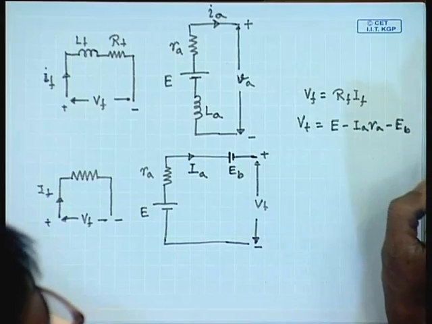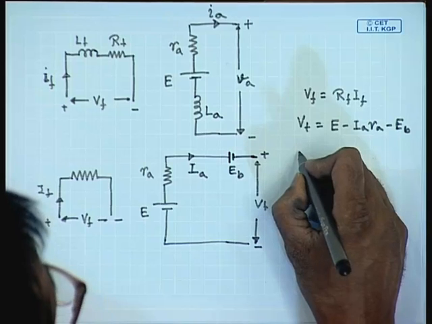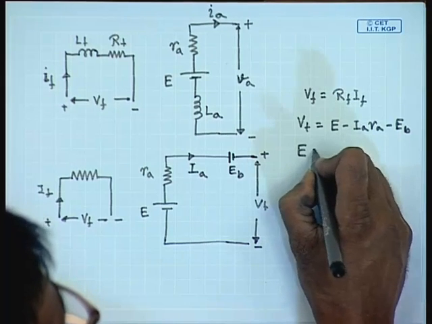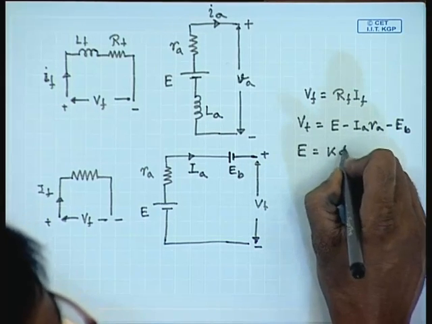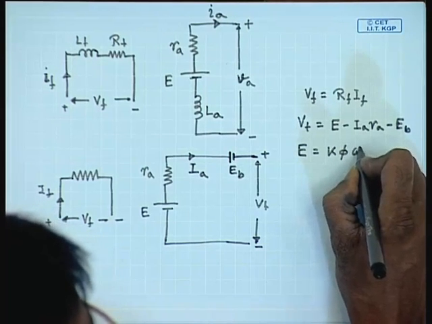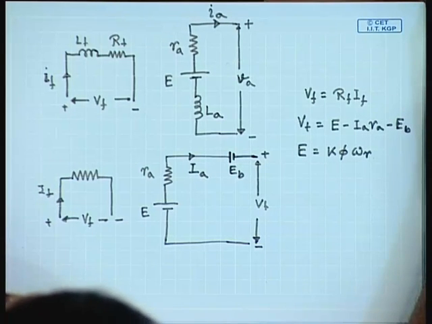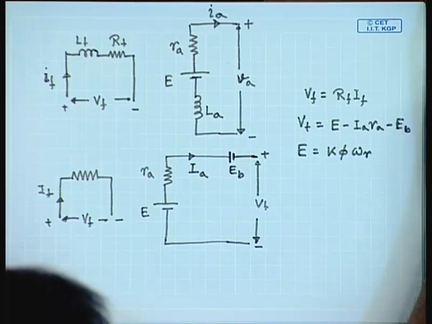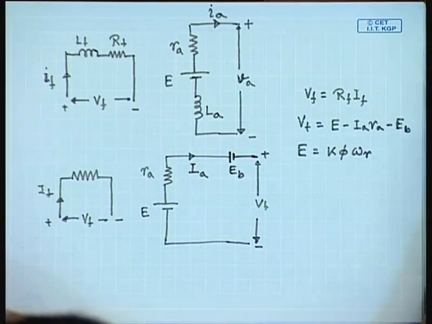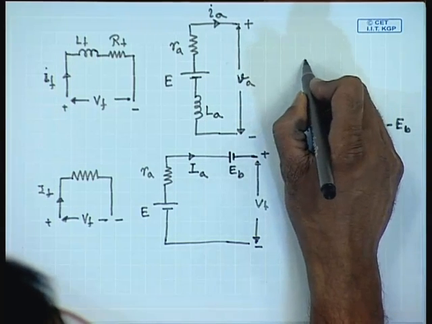Many times this brush contact drop is neglected, and E equal to K phi omega r, where omega r is the rotational speed of the armature. Now, these equations have been written with generator convention in mind, that is assuming that the DC machine works as a generator. So, this is the generator mode of operation.